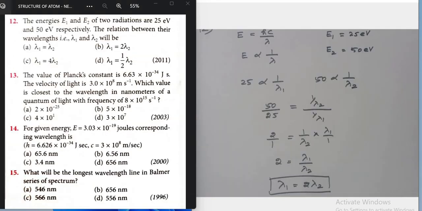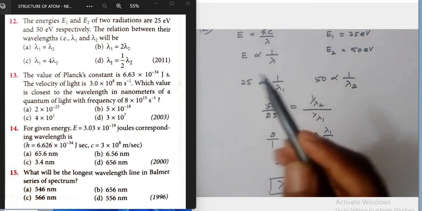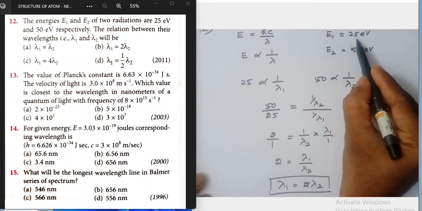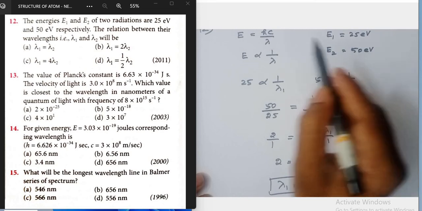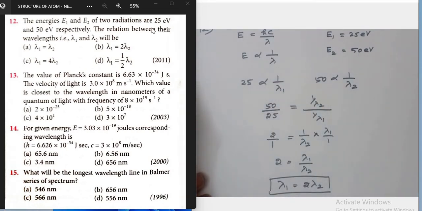In question number 12, energies are given. E1 is 25 electron volt, E2 is 50 electron volt. The energies E1 and E2 of two radiations are 25 and 50 respectively. They are asking the relation between their wavelengths.